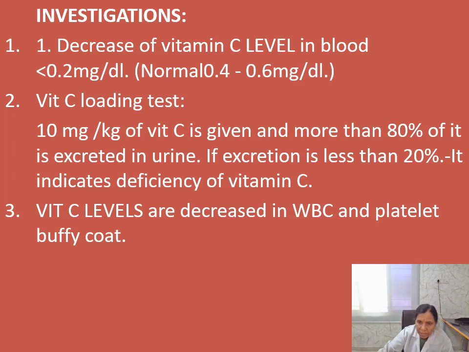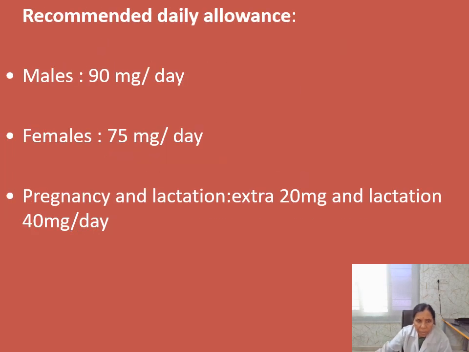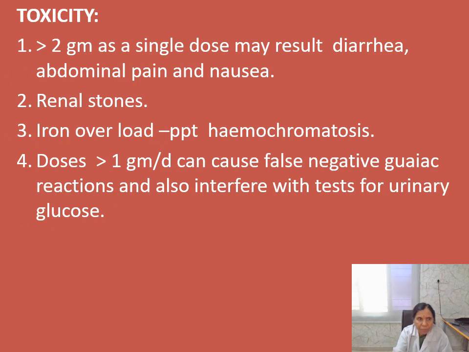If excretion is less than 20%, it indicates deficiency of vitamin C. And vitamin C levels are decreased in the WBC and platelet buffy coat. The recommended allowance in males is 90 milligrams per day, in females 75 milligrams per day. During pregnancy an additional 20 milligrams, and in lactation 40 milligrams per day can be given.